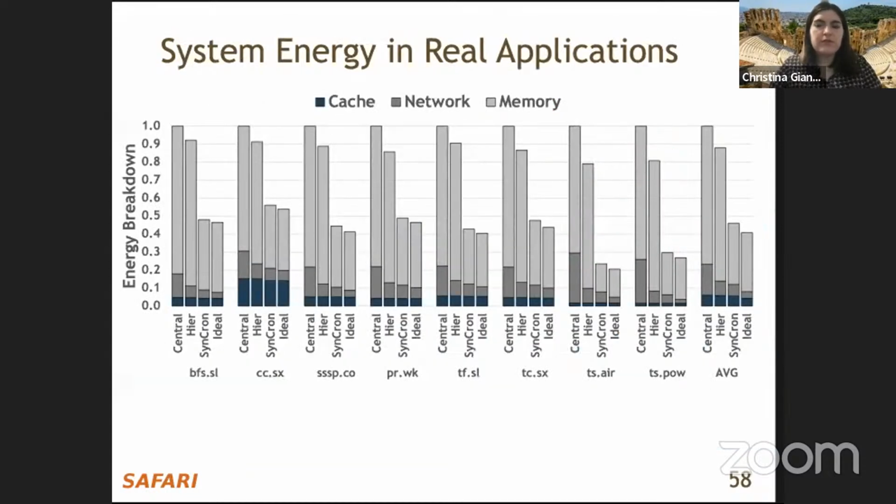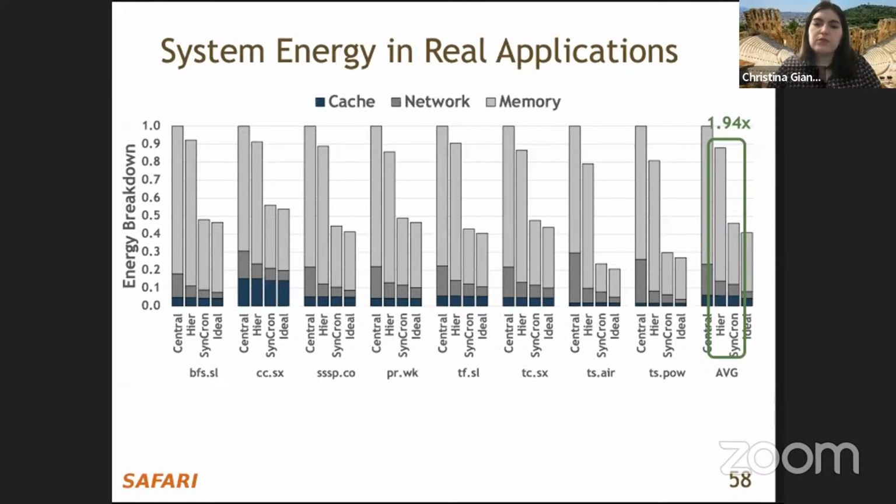So in this figure, we demonstrate the system energy achieved for cache, network, and memory in all these real applications. We find that Synchron provides high energy reduction over prior message passing schemes because, due to its hierarchical design, it minimizes the network traffic and therefore reduces the energy consumed inside the network.